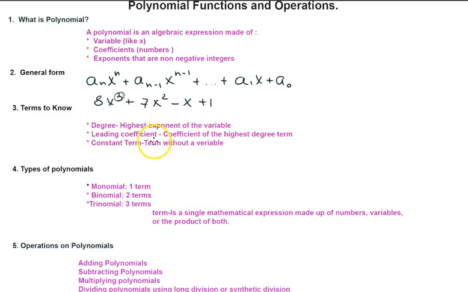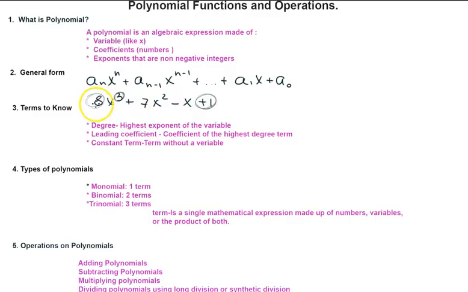Then the leading coefficient. The leading coefficient is the coefficient, which is a number, of the highest degree term. So when you locate the highest degree term, the number that accompanies it is your leading coefficient. And the constant is a term without a variable. So in the very end, you will see the number. If you have a number without a variable, that's your constant.